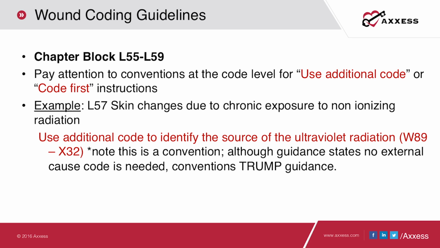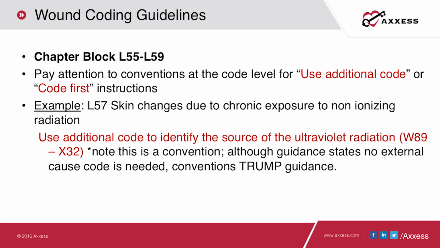Now, if you look at chapter block L55 through L59, you're going to need to pay attention to conventions at the code level for use additional code or code first instructions. For example, when you look at L57, skin changes due to chronic exposure to non-ionizing radiation, it tells you use additional code to identify the source of the ultraviolet radiation. Notice it's a convention.